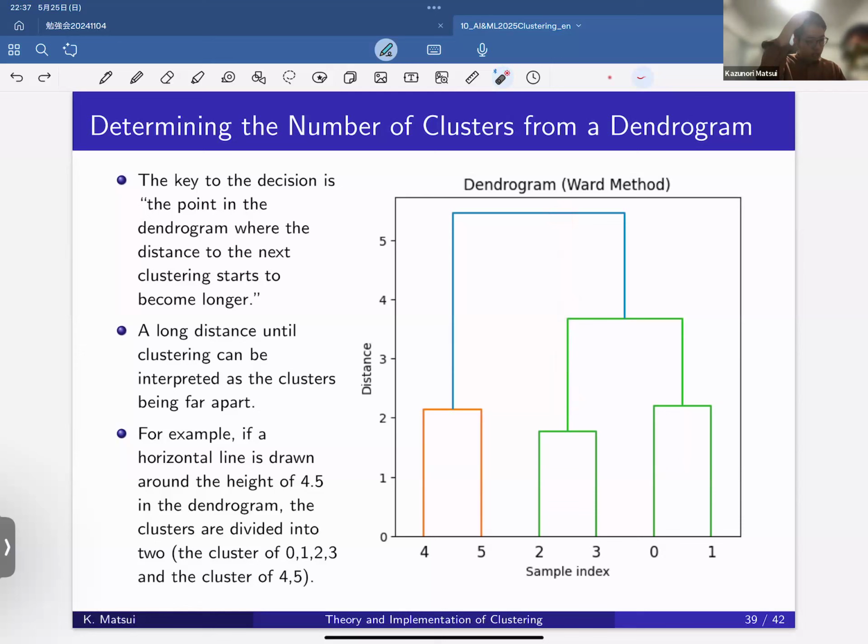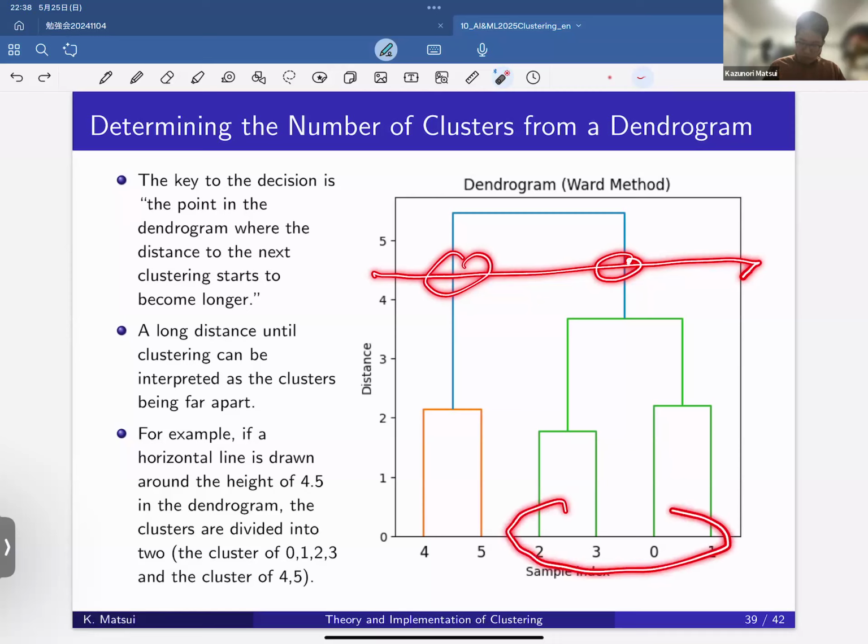A long distance until clustering can be interrupted means the clusters are far apart. For example, if a horizontal line is drawn around a height of 4.5 in the dendrogram, the clusters are divided into two. They are divided into the cluster of 0 to 3 and the cluster of 4 and 5.